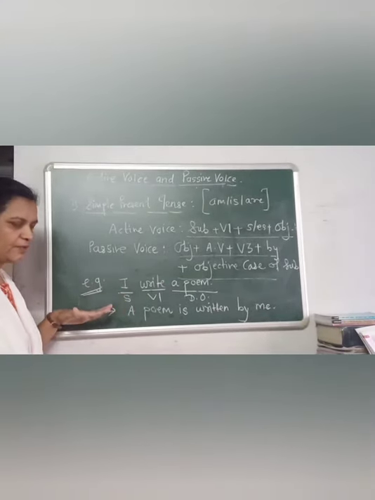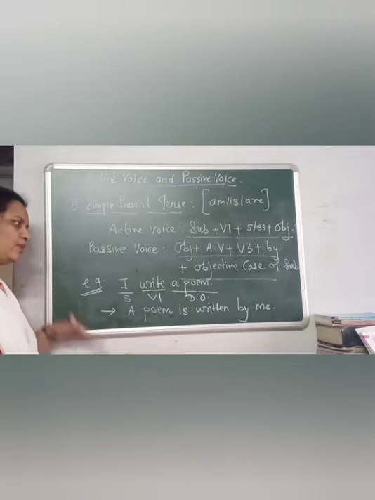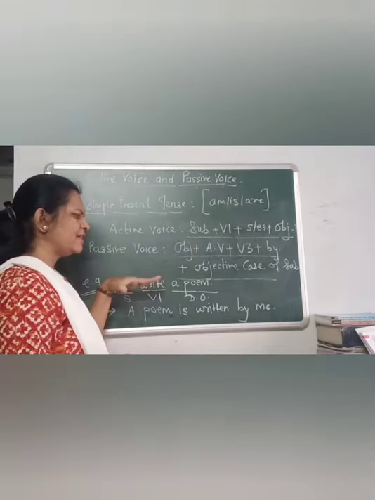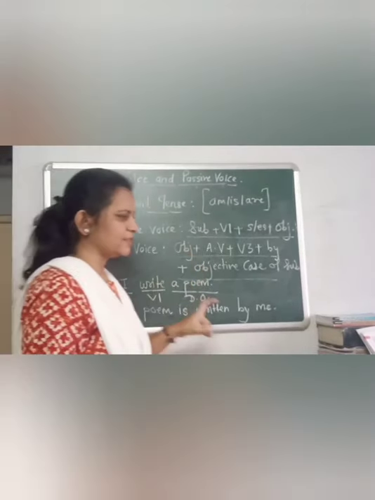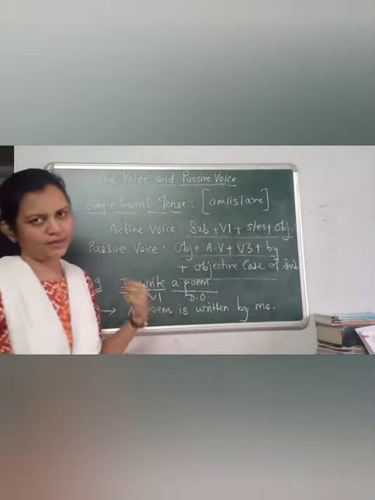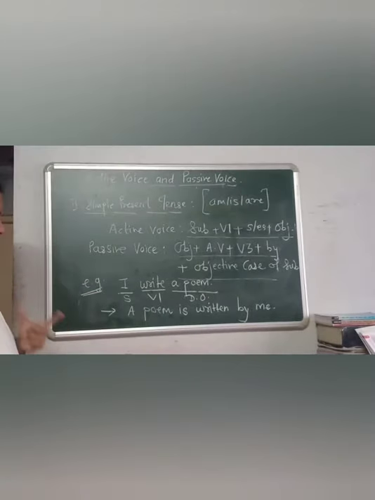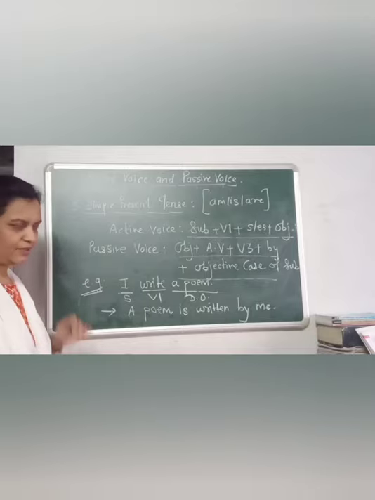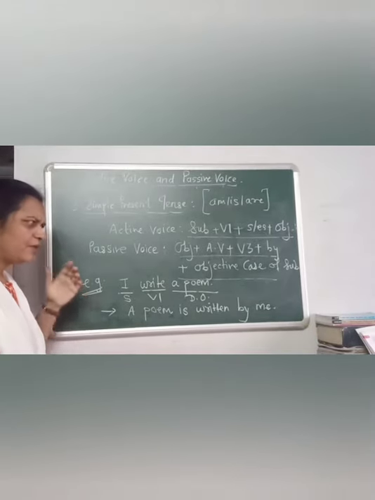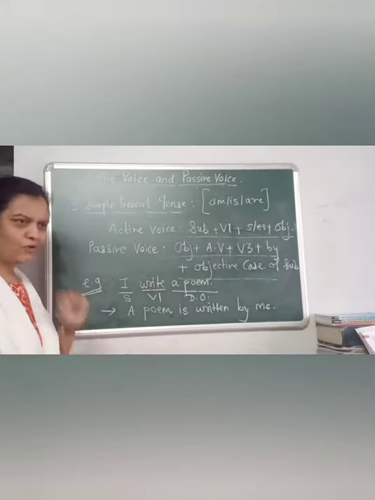Are you understanding? Okay. So in this way, whatever sentence may be there of the simple present tense, just follow these both constructions. You can write down the correct answer. Now see, here I write a poem. This is the affirmative sentence. So easily you wrote the answer because you followed it.